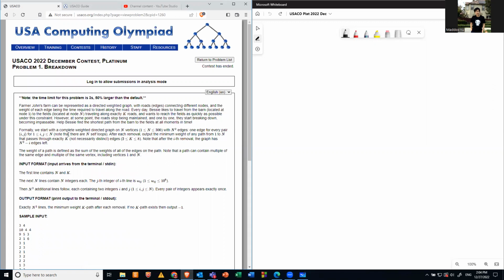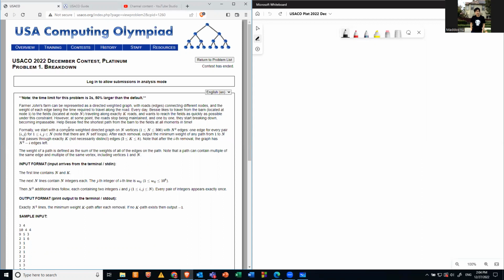Here is the problem. You have n nodes. Each node has a weighted directed edge from each node to another n minus 1 node in a graph.